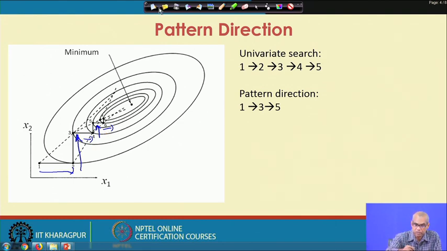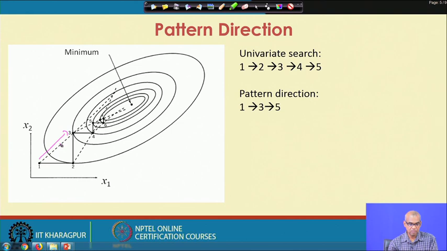But the pattern direction will go as 1 to 3, because if you look at the directions 1 to 2 and 2 to 3, and if you now join 1 and 3, you see that this direction basically is pointing toward the optimum. So, this is the pattern direction.